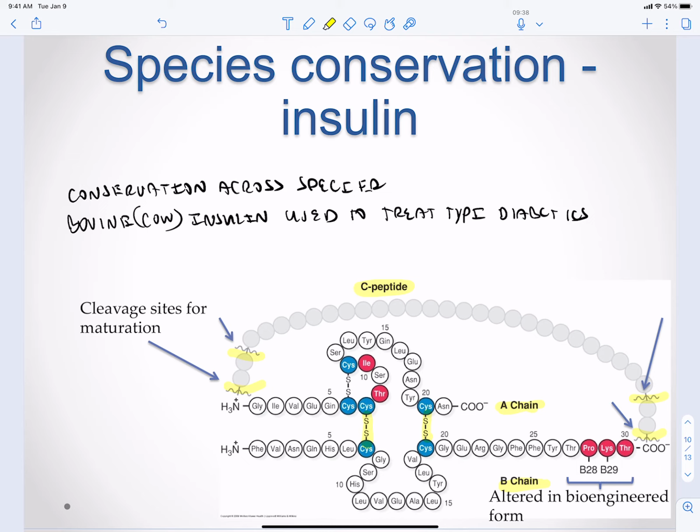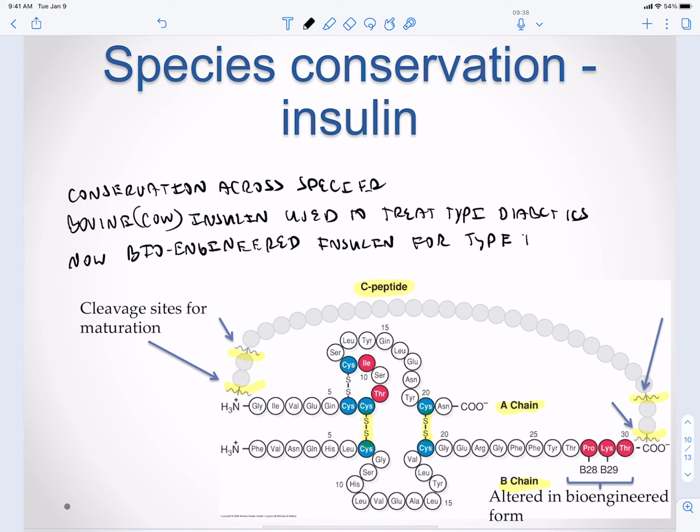And so now we use bioengineered insulin to treat type 1 diabetes, and also insulin dependent, of course, type 2 diabetes.